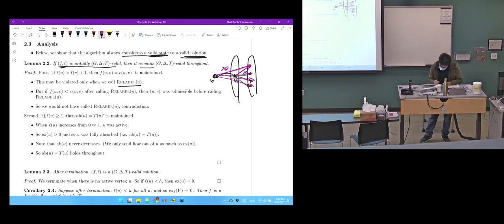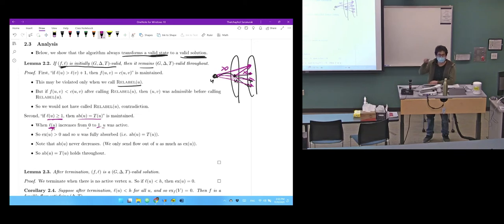Next is any node that has level at least 1, it is fully absorbed. Note that when you increase the level of U from 0 to 1, U was active, right?